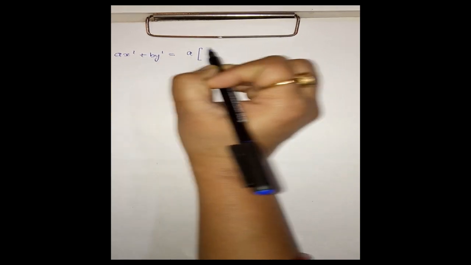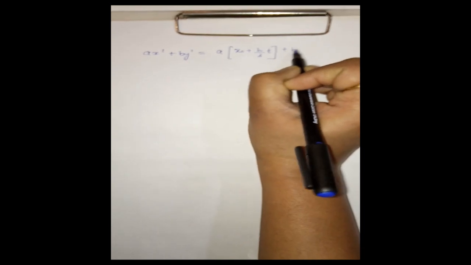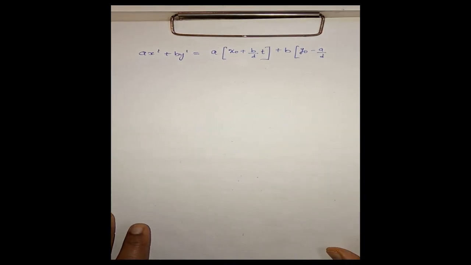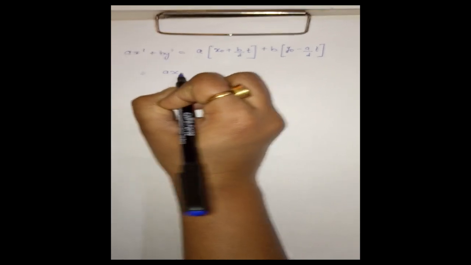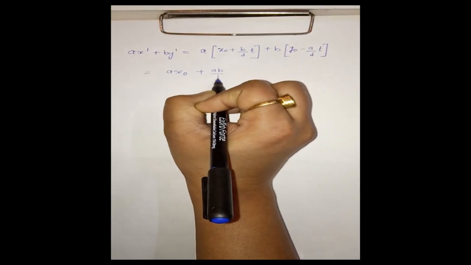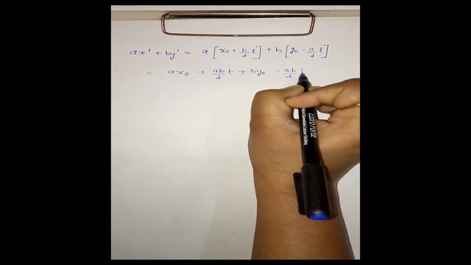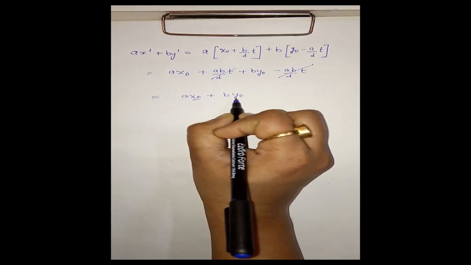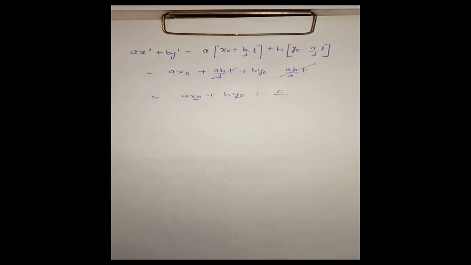Now substituting value of x dash, this is x naught plus b by d into t plus b into y dash, y naught minus a by d into t, and this is equal to ax naught plus a into b by d t plus by naught minus a into b by d into t. Now these two will get cancelled out, and this is ax naught plus by naught, and we know x naught and y naught is a particular solution of given linear Diophantine equation. Therefore this is equal to c only.